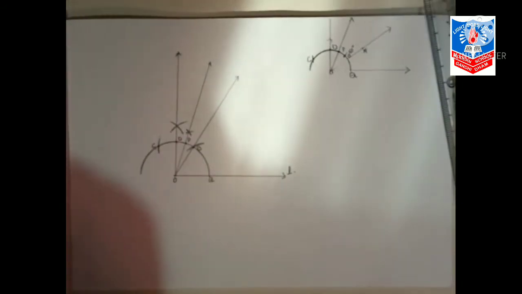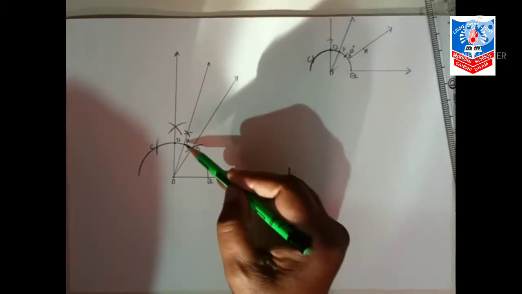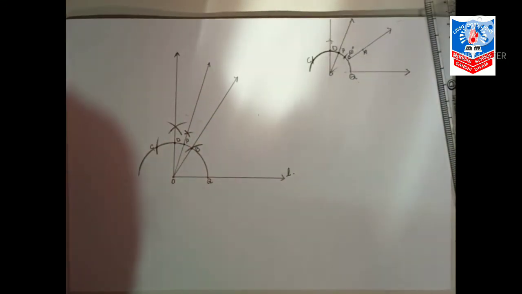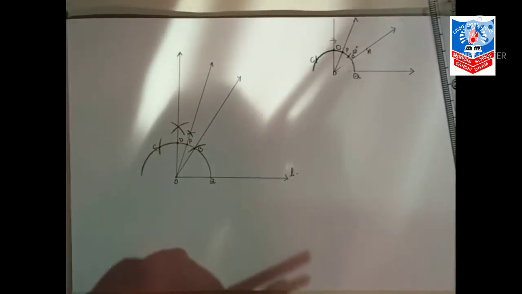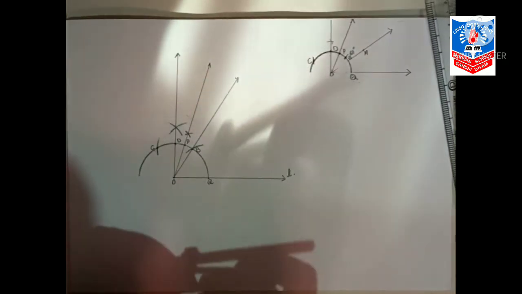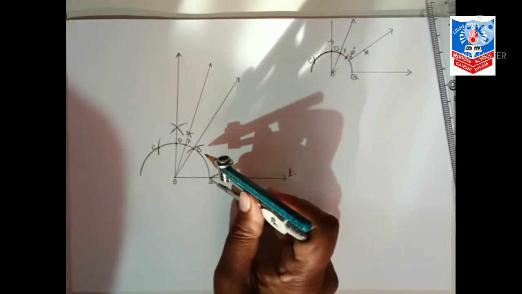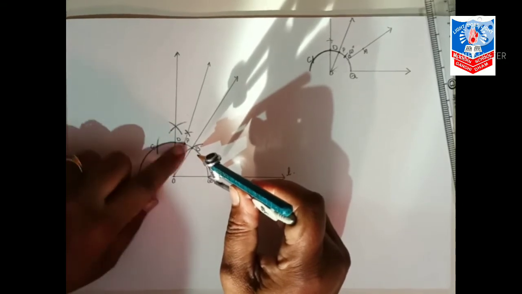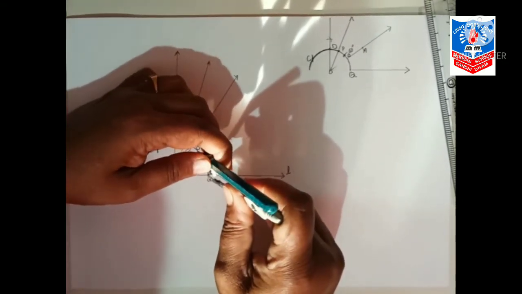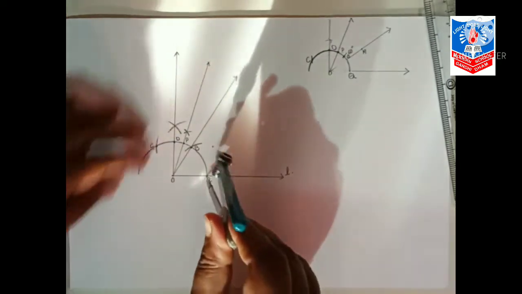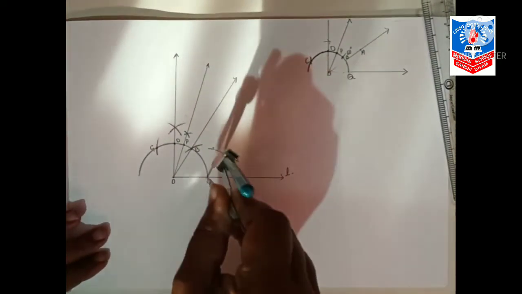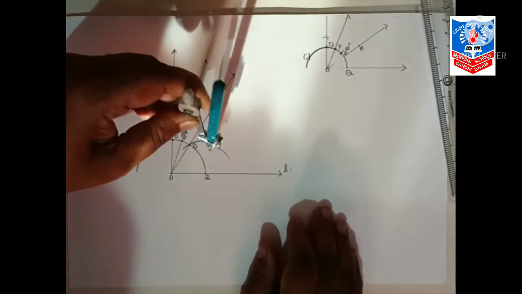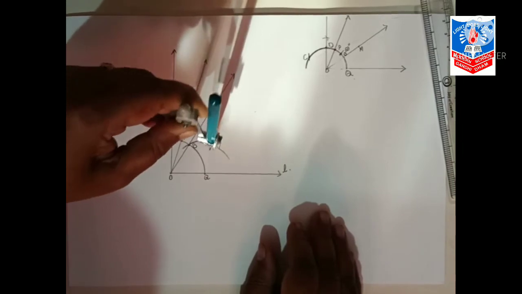Now we have to draw the line of symmetry of POQ. So now with Q as center and radius more than half of QP, like this way, draw an arc here, and with center P, cut this arc like this way.